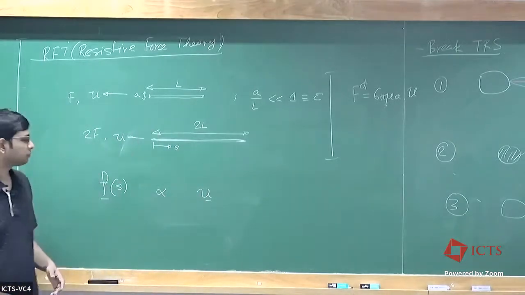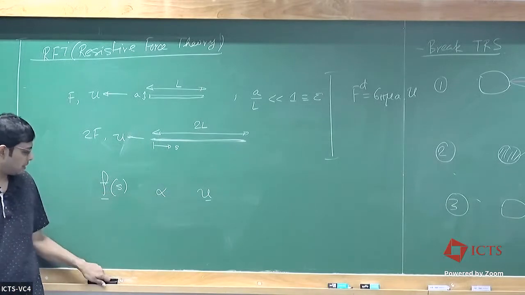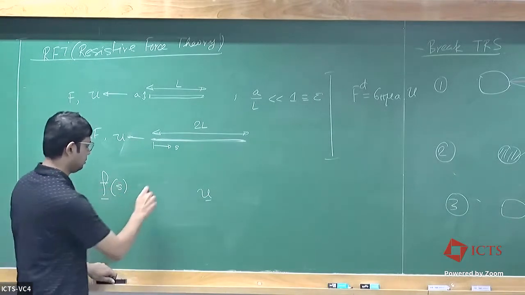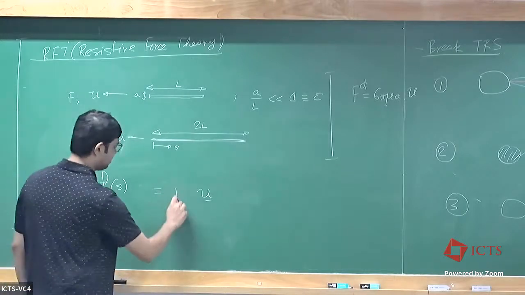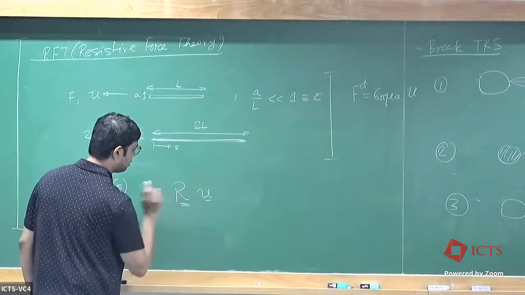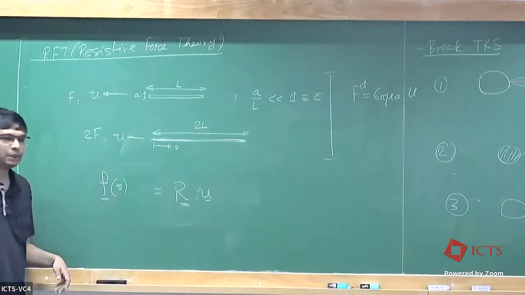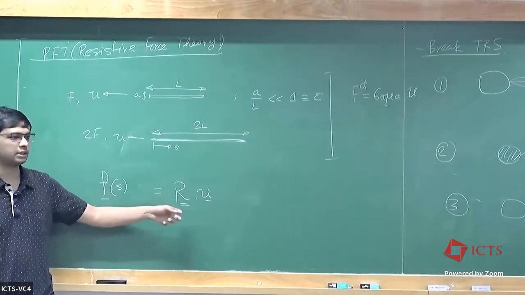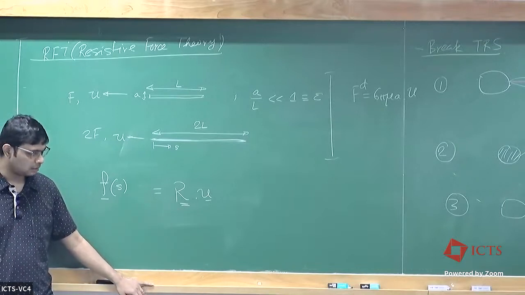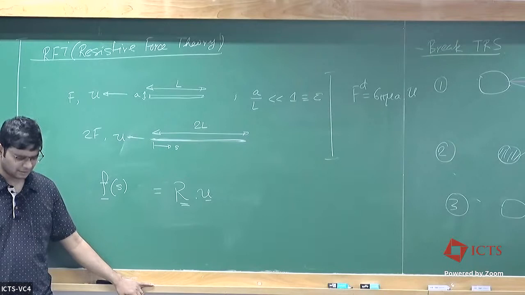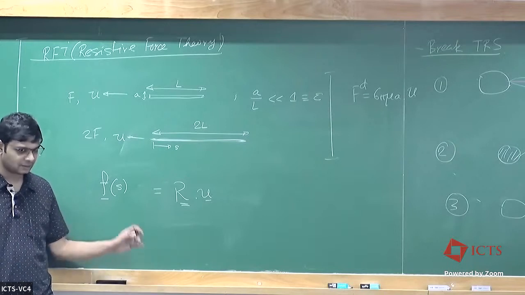Okay. What should I put here to make it equal? Put there some matrix R. Now can anyone tell me what should be the dimension of the matrix R? Something marked by area, because that's force by area.